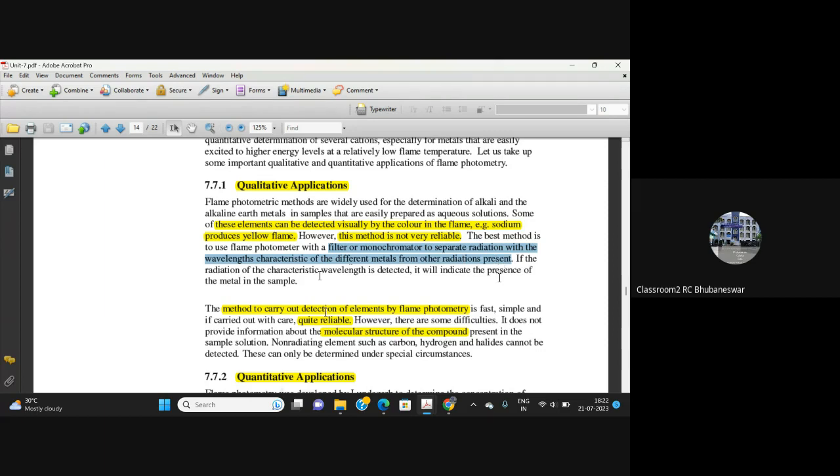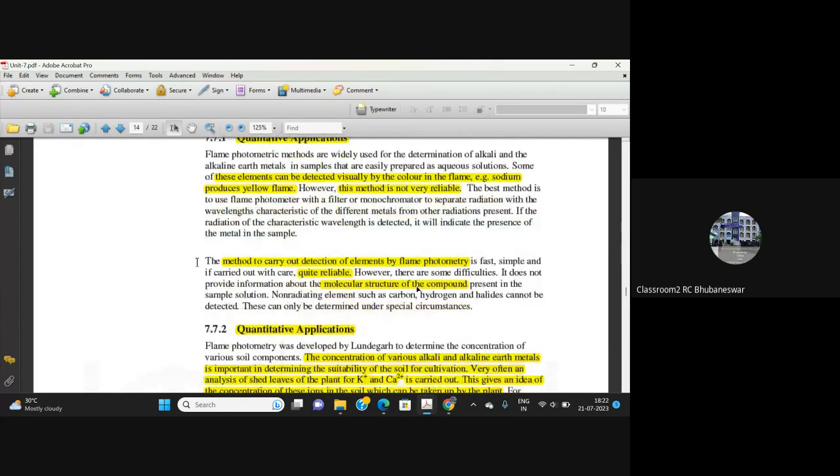The mixed radiations coming out can be cut by using a filter or monochromator. So you will get clean radiation by using the flame photometer.